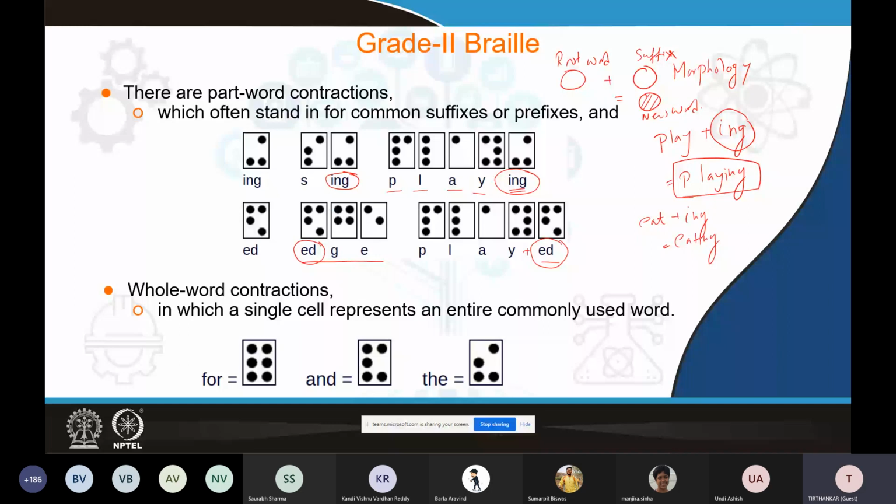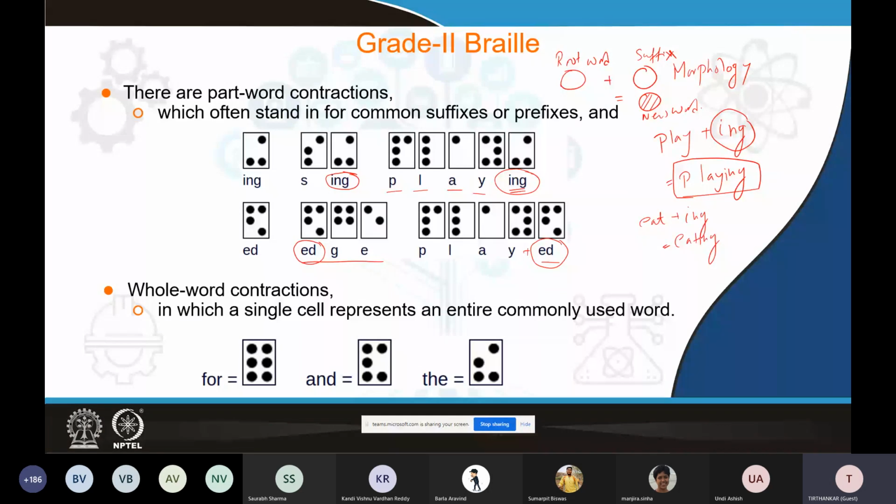This kind of contraction is typically called part word or partial contractions of Braille, where a portion of the word, which is a very frequently used character sequence, gets contracted, and not the entire word.